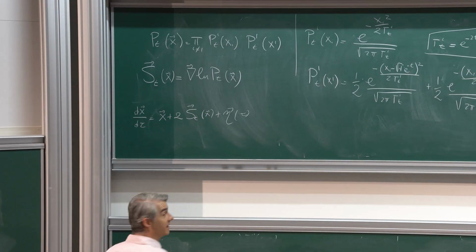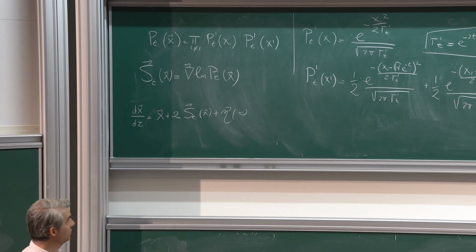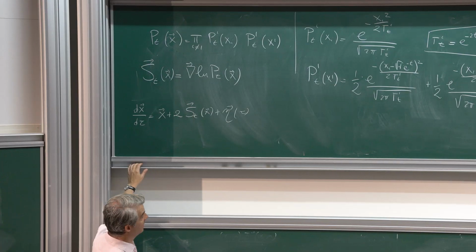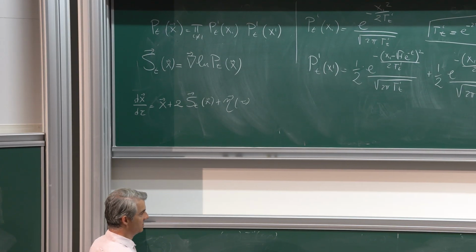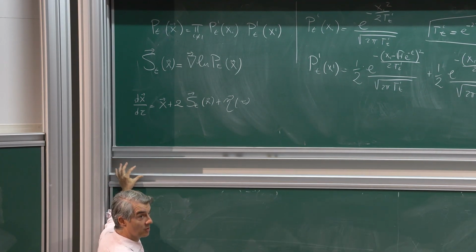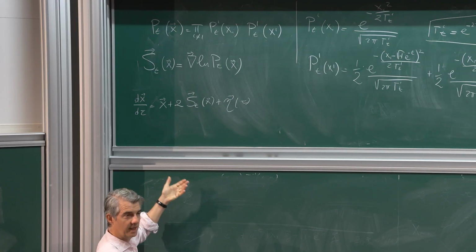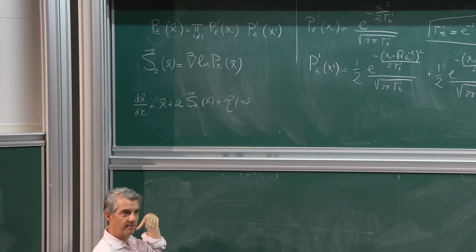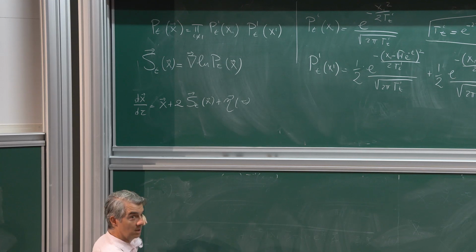So now let's look at it component by component. We know that the component x1 is different from the others. So let's look at the score for component 1, the score for all the other components, and then we write down the backward Langevin equation.